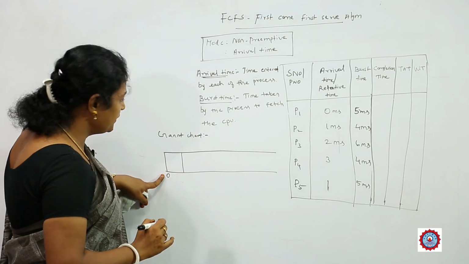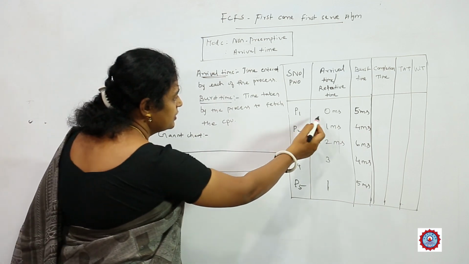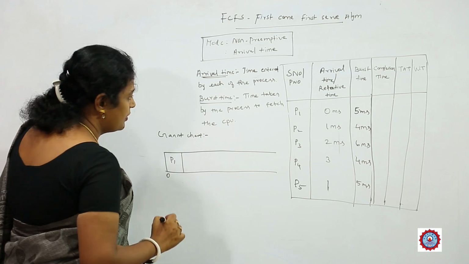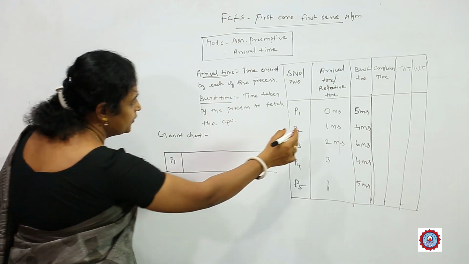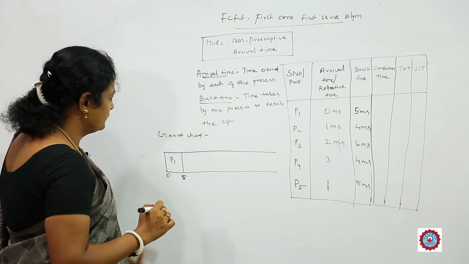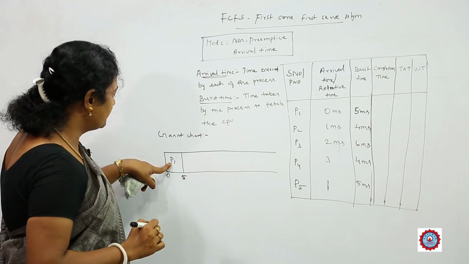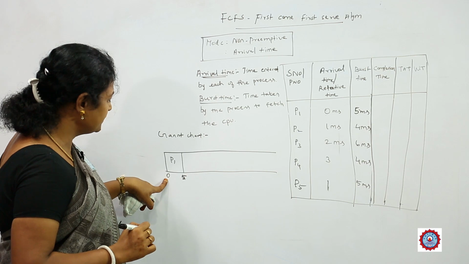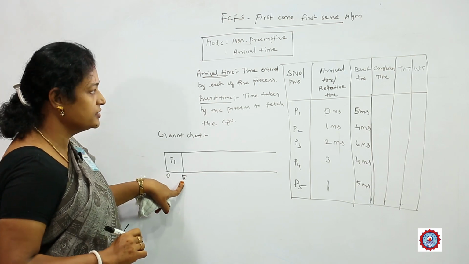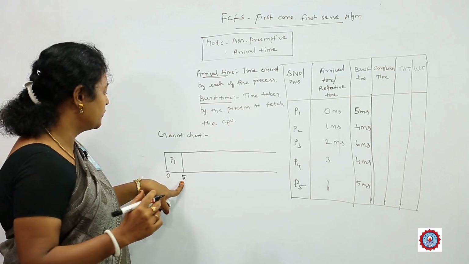So, the process P1 has entered at 0 milliseconds and it got the CPU at 5. It has taken 5 milliseconds to get the CPU.